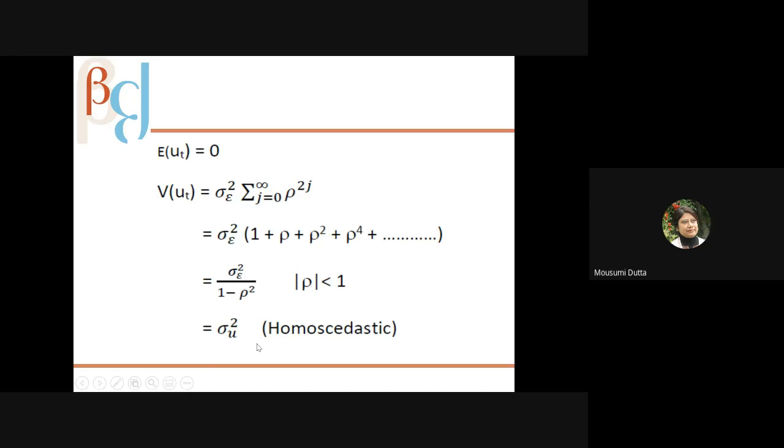So the value of the variance is sigma u square. So the variance of u_t is equal to sigma u square. So when we are considering this kind of MA process, infinite MA process or AR(1) process, we find that there is no heteroscedasticity in the structure. There is homoscedasticity in the structure.